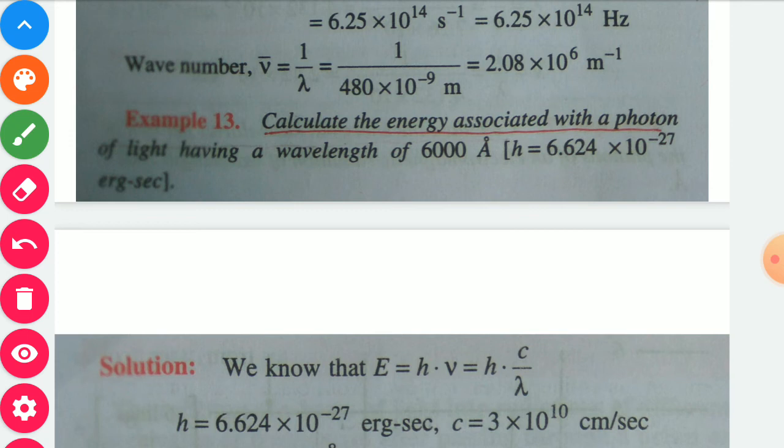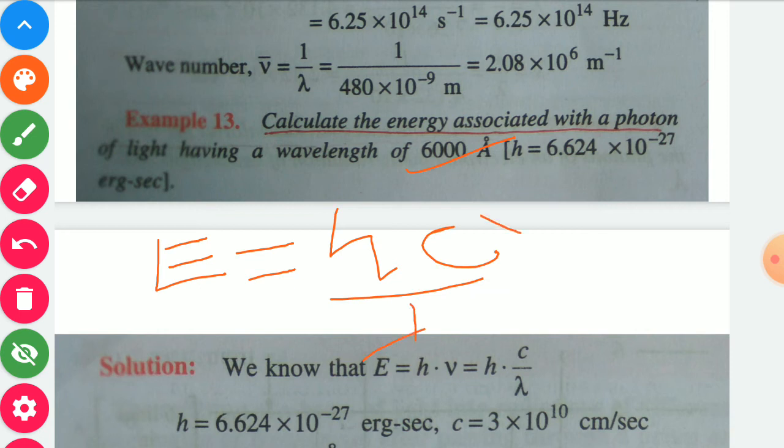So we have to find energy E, and in the question wavelength lambda is given. So we have to use a formula which must have wavelength. So we know that energy is equal to hc upon lambda. By this formula we may find the answer of this question, that is energy.